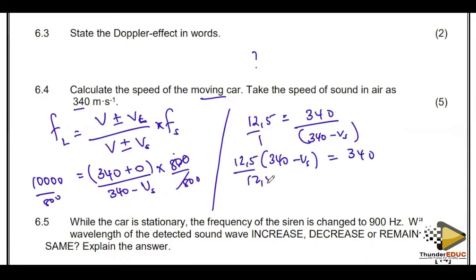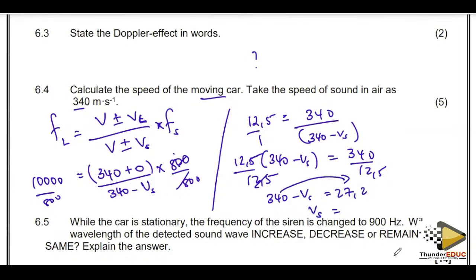Divide both sides by 12,5. So 340 minus Vs is 340 divided by 12,5. I'm getting 27,2. And then when I move the 340 that side, I get a negative answer, which is going to be 312,8 meters per second, which is a very big speed.